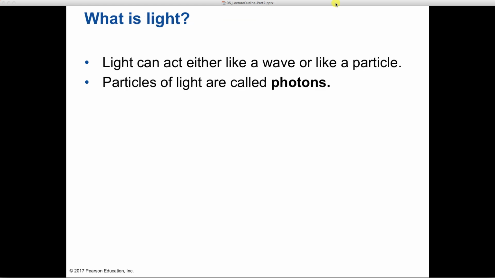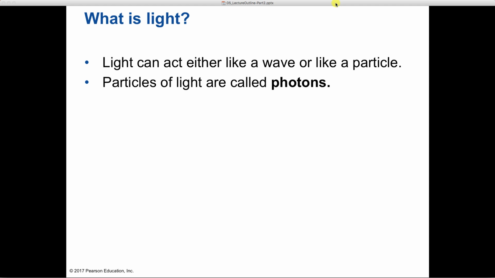When we talk about light, we can talk about light as behaving in two different ways that seem very different, very distinct. But light acts in both ways, depending on how you're observing it. When you're thinking about light as just traveling from one point to another, say from a star to your eye or your telescope, we can think about light as acting like a wave.